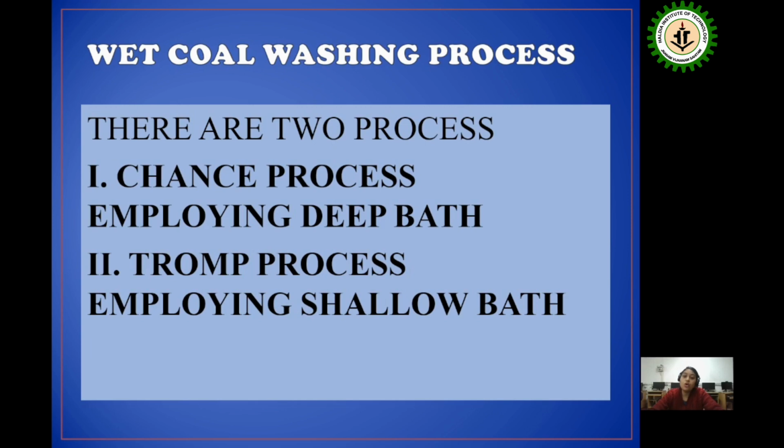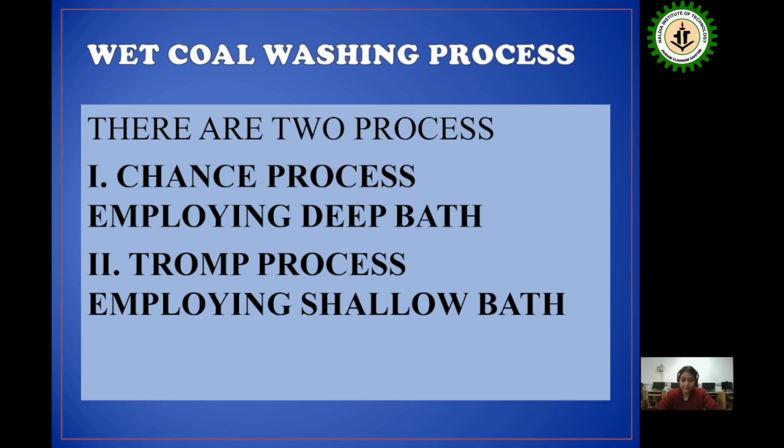This wet coal washing process is of two types. One is chance process, another one is prompt process. What is chance process? This chance process employs a deep bath, and prompt process employs a shallow bath. One is deep bath process, another one is shallow bath process.